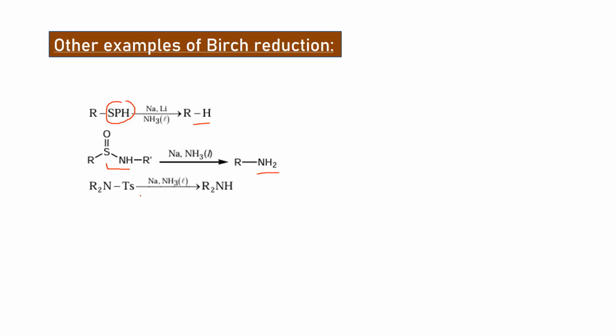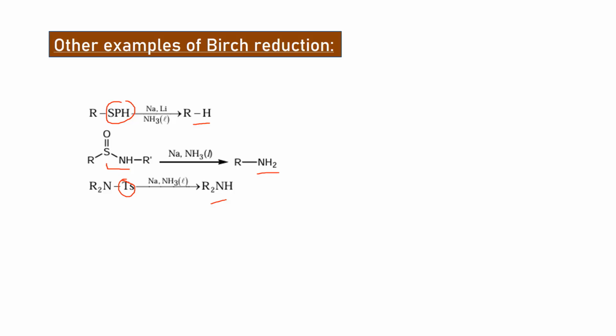Again, if we add sodium amide into this tosyl amide, this part will be removed and hydride will be incorporated in the system. These are some special examples of Birch reduction. Did you get an idea?